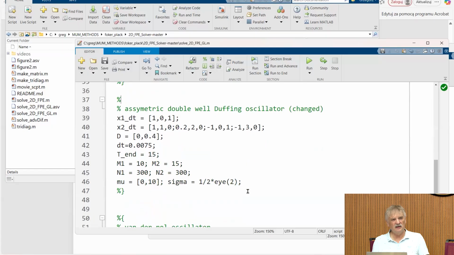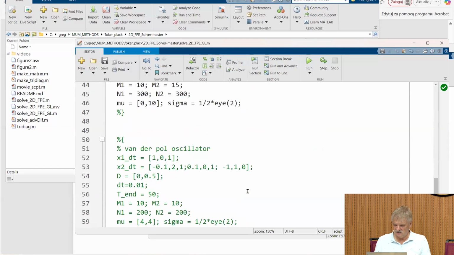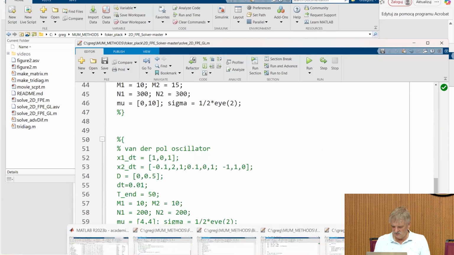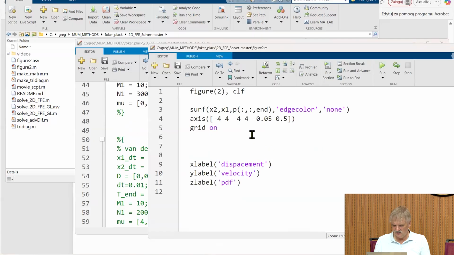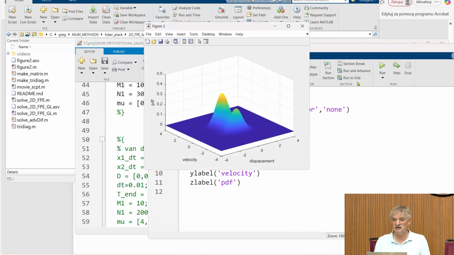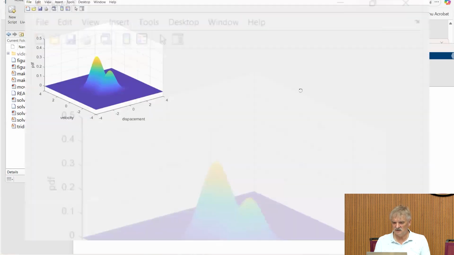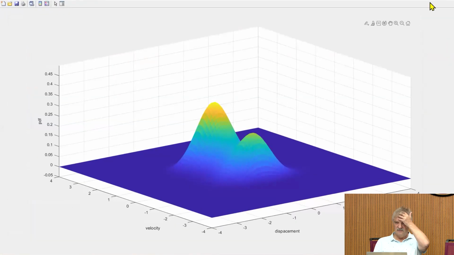After integration, it could provide the potential with some non-symmetric effect. If I go now to the result, just a figure to be plotted, you can see that the result is non-symmetric.